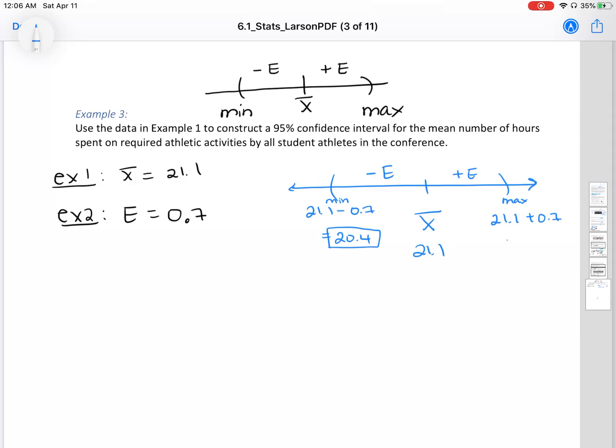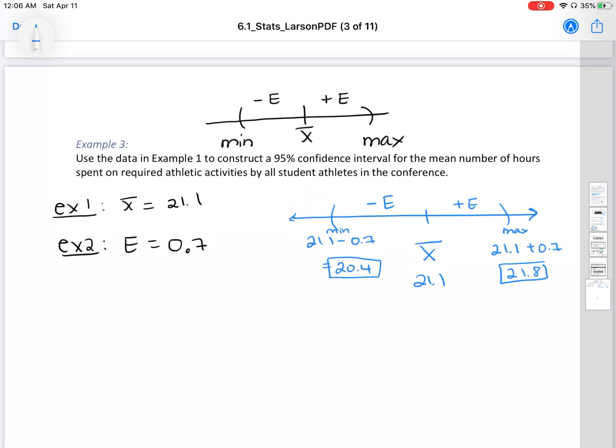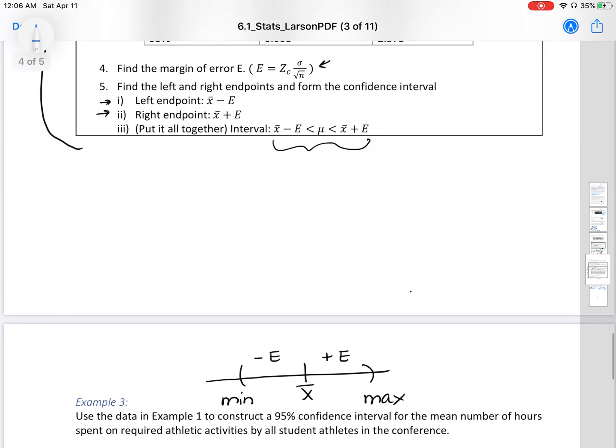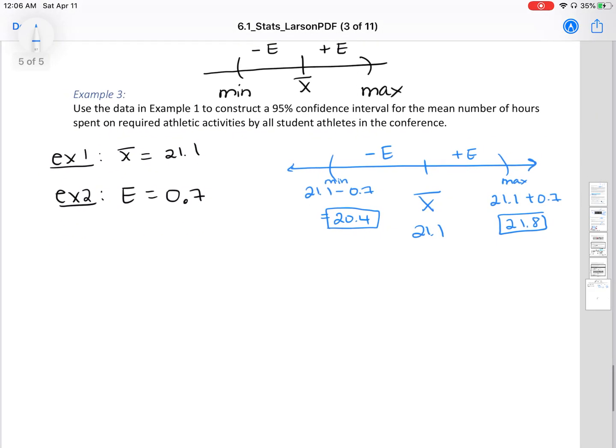So we add them up and get 21.8, and that's our maximum. It's written as our left endpoint and our right endpoint. So we can write them as 20.4 and 21.8. So this would be our final answer.